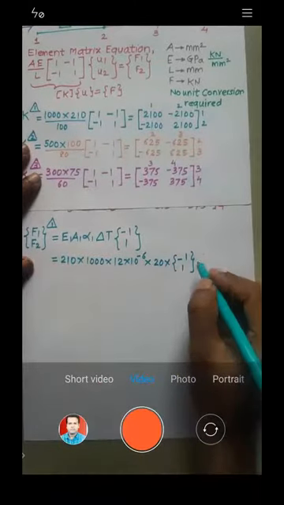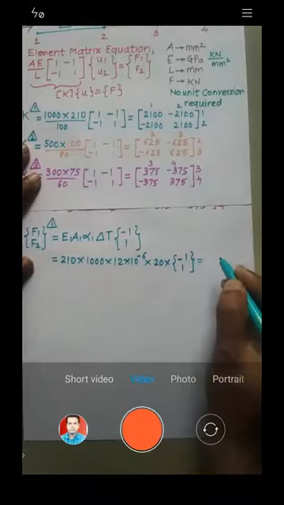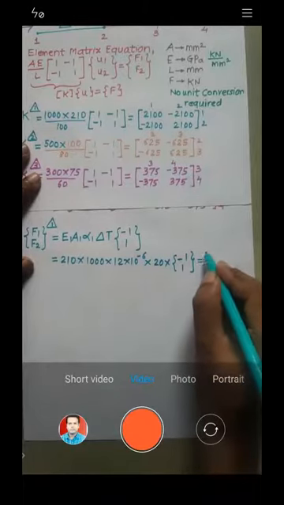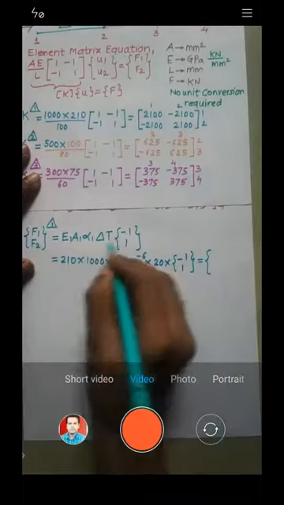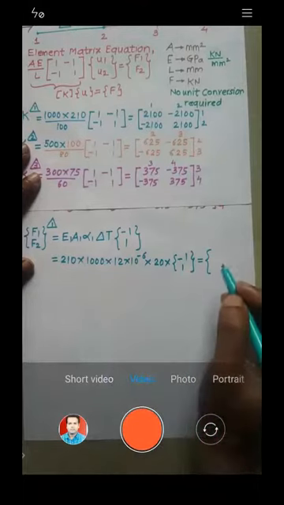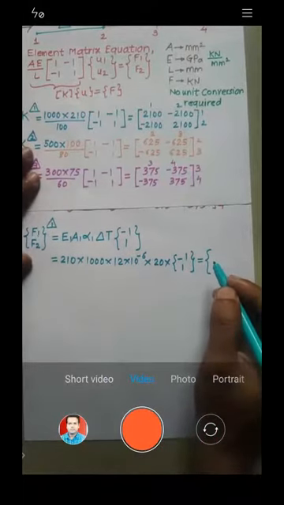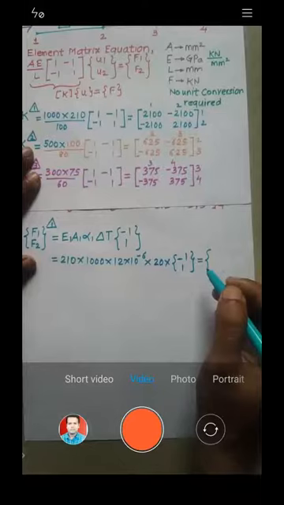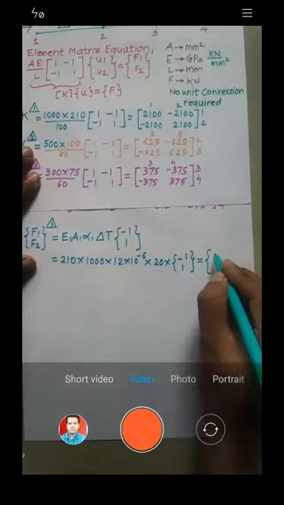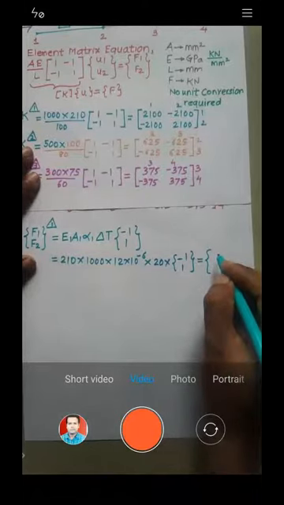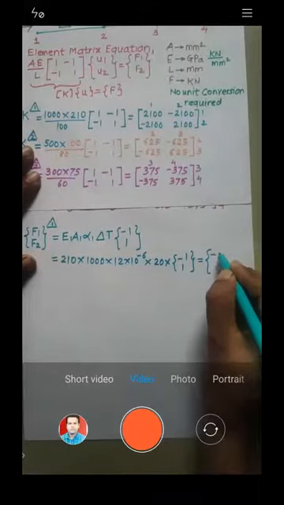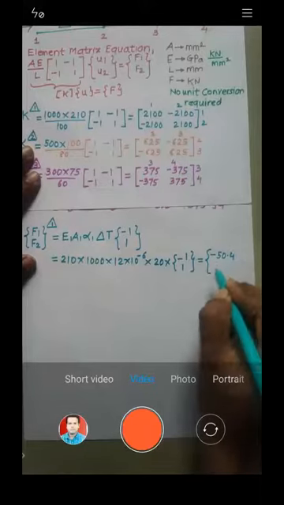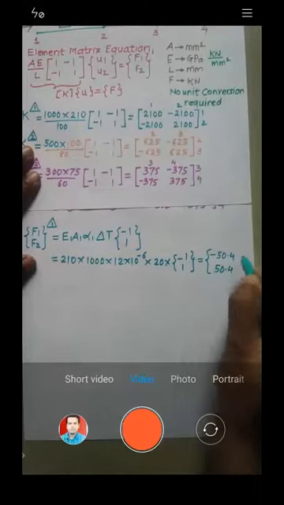All of you just check that value. Is it okay with that value? How much are you getting? 50.4. Is it a correct value? This is minus 50.4 and this is 50.4.